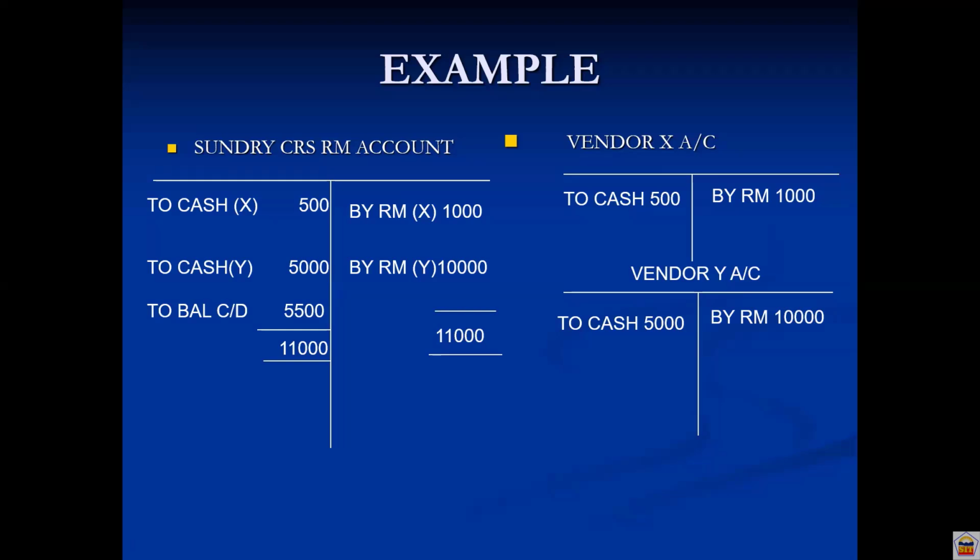But in real time, we'll have multiple vendors, 1,000 or 2,000 vendors, and in those vendor accounts the business is doing transactions every second. In that case, it would be very difficult to derive the total balance for a particular set of vendors. Let's say for my domestic vendors, how much is the total outstanding? For my foreign vendors, how much is my total outstanding?